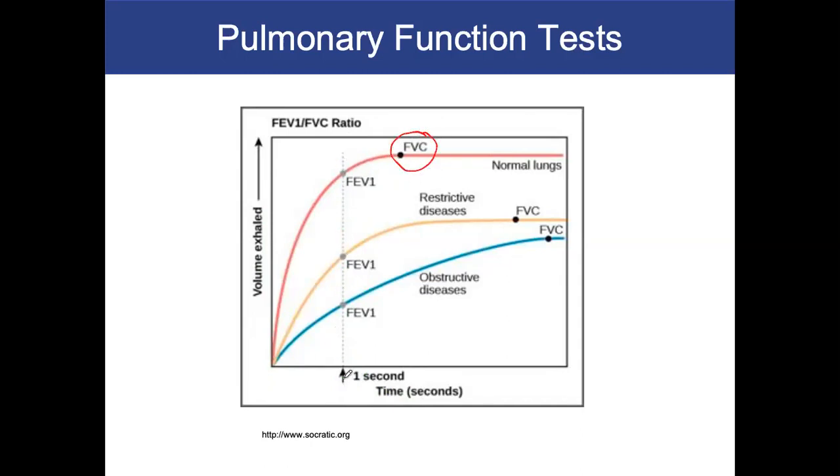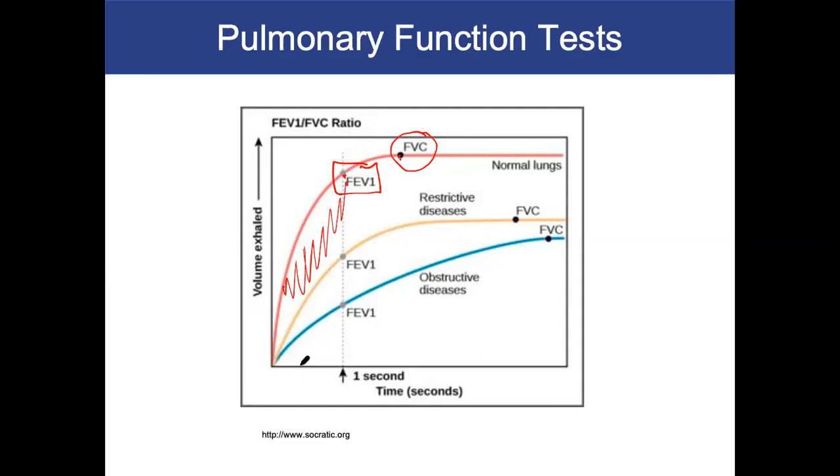And then you want to know how much air you moved out in 1 second compared to max, right? This should be 80% of max. So you should have exhaled out 80% of your maximum amount in 1 second. That's normal.